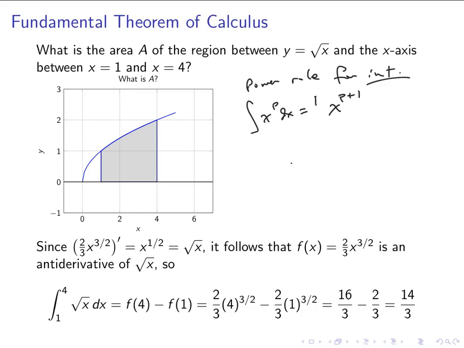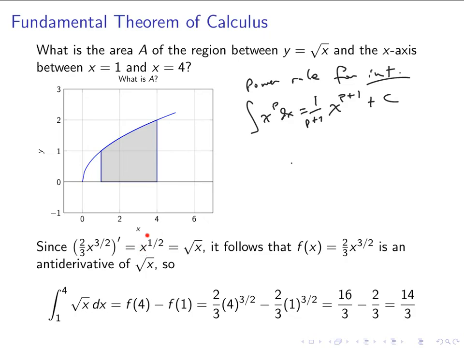But then to actually have it come out to be exactly x to the p when I take the derivative, I need to have in front of this the reciprocal of that new power. So the way I would think about this is I always leave myself some space here. I always think about what is 1 more than the original power. So I'm going to have to add 1 to that p. And then once I figured out what this x to the p plus 1 is, then here I'm going to put the reciprocal of that power.